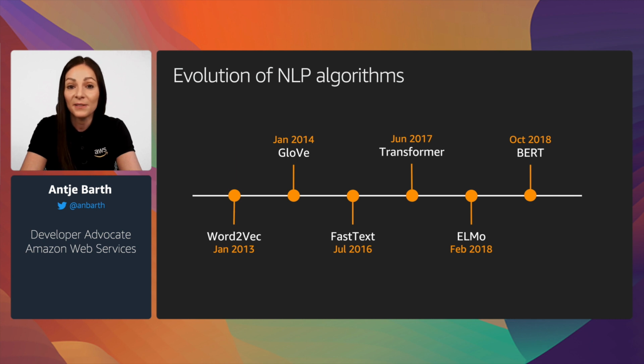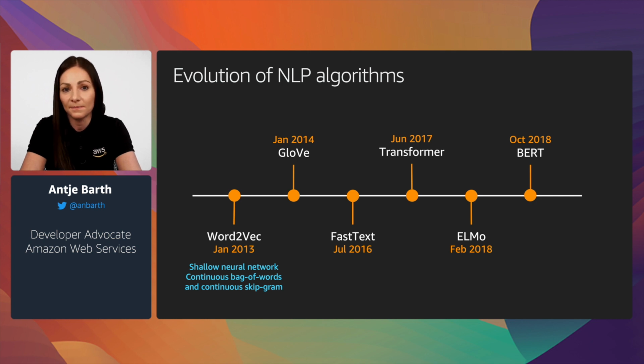So in January 2013, Word2Vec got released. And Word2Vec uses a shallow neural network and the concept of continuous bag of words and continuous skip-gram. And those two concepts work either by predicting the current word by looking at the context of words surrounding it, or taking the surrounding context words to predict the current word.